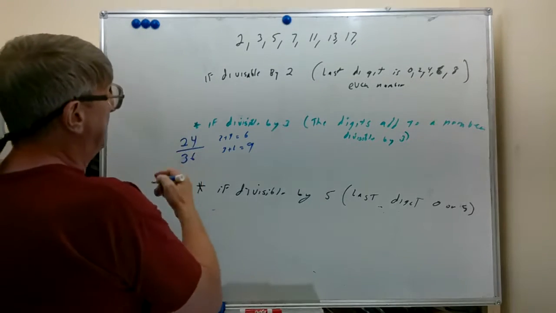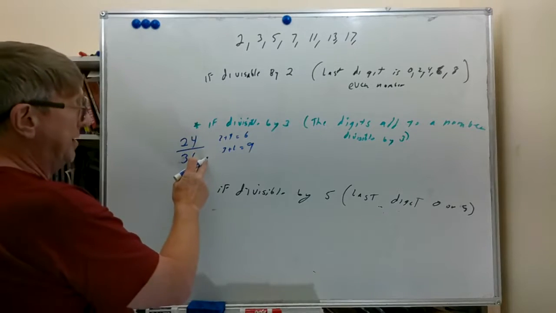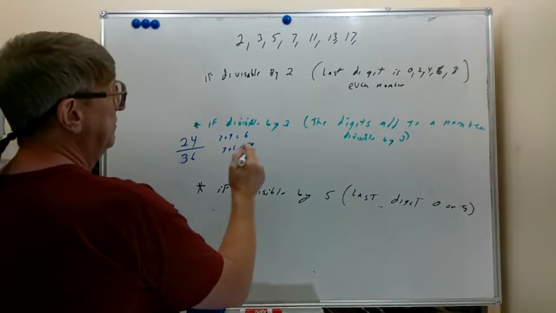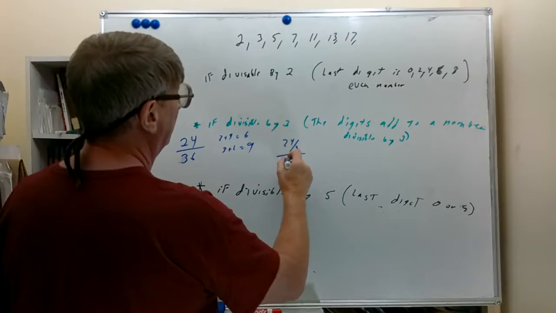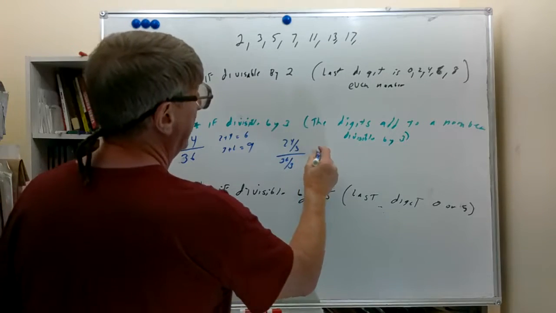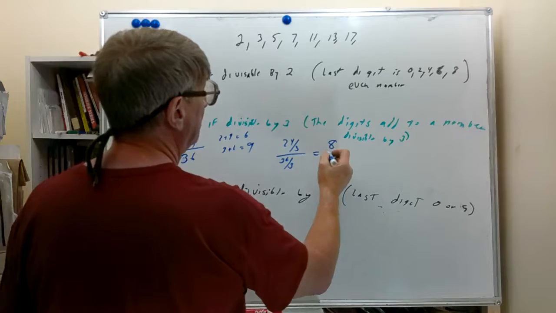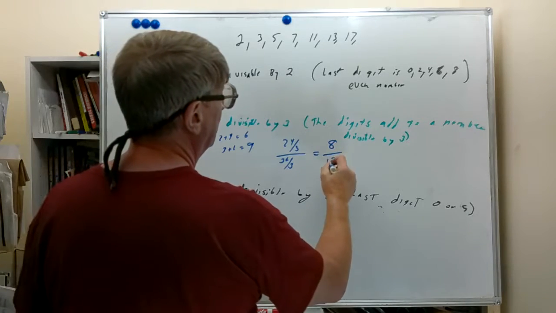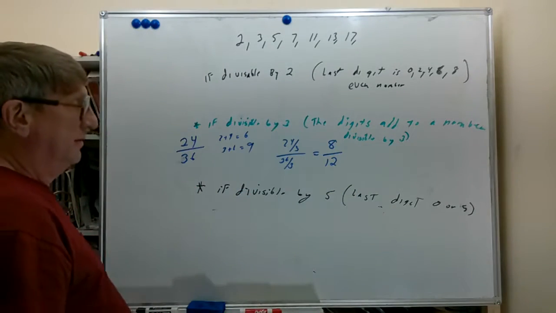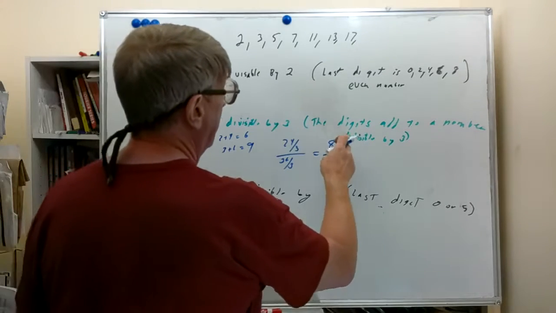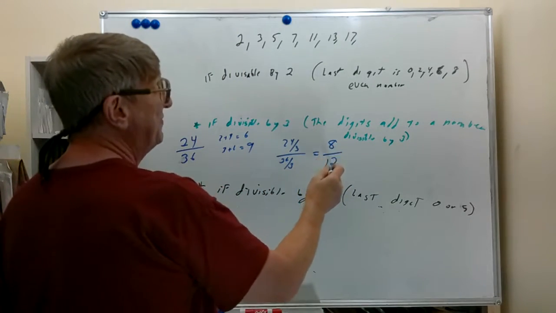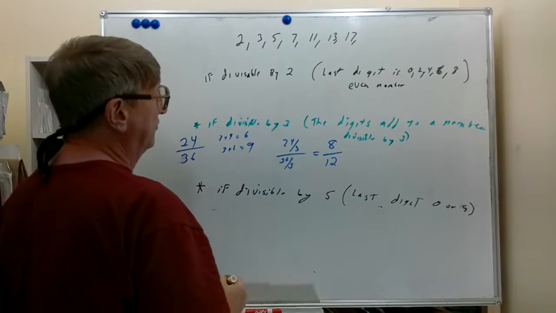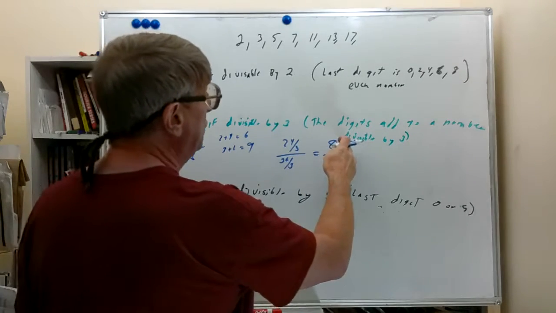So if we divide the numerator and the denominator by 3, 24 over 3 and 36 over 3 gives us 8 for the numerator and 12 for the denominator. Now we're no longer divisible by 3, but what do we notice? We still have even numbers in the numerator and denominator, so we know that these are both divisible by 2.